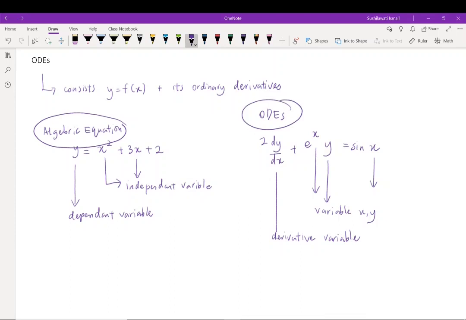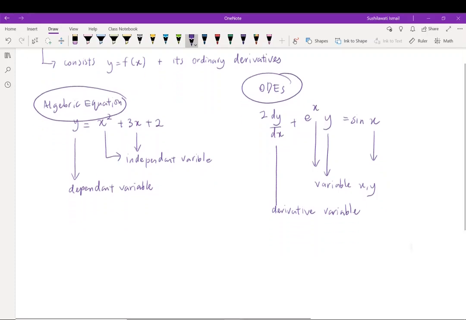Unlike the algebraic equation, some of which are quite complicated to solve, ODE also cannot be simply solved by traditional methods. Therefore, we need to use numerical methods to do the estimation or approximation.